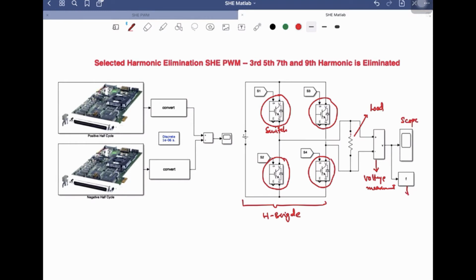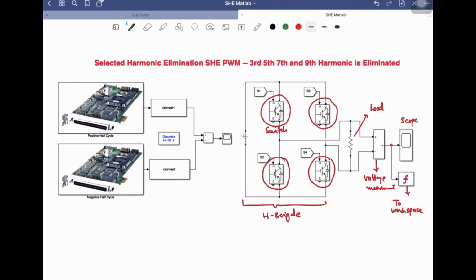This block stores the variable in the workspace. So this is basically a To Workspace block from the Matlab toolboxes, and the name which is specified over here, that is F, will pick up the signal from this point and store it in the workspace of Matlab.